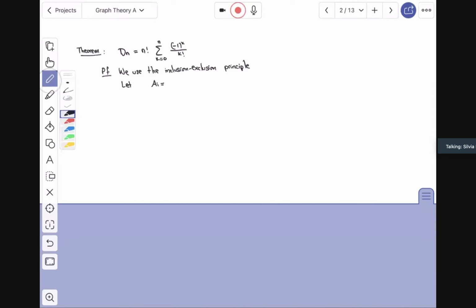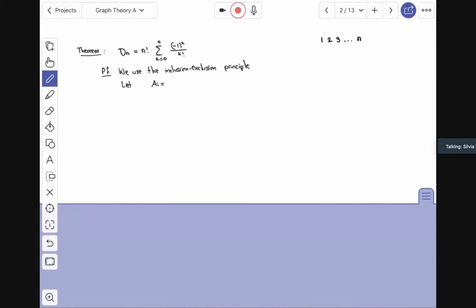Because of the definition of derangement, for n, let's say, you have strings using the numbers 1 through n. A derangement has to move 1 away from the first position, 2 away from the second position, and so on.